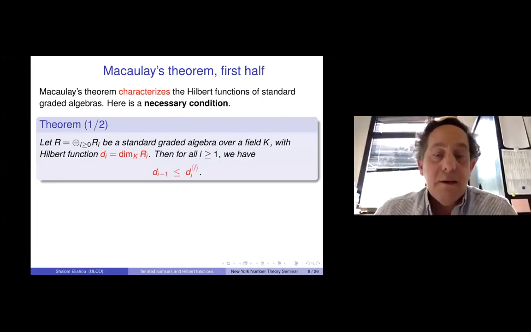Then for all i, the piece of degree i plus 1 is bounded above by the piece of degree i submitted to that operation.